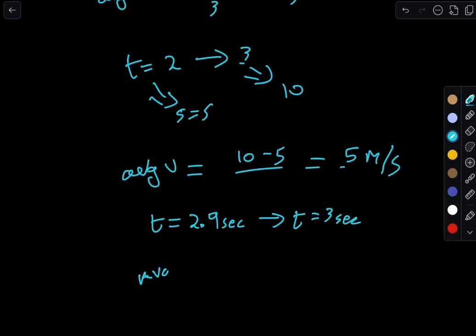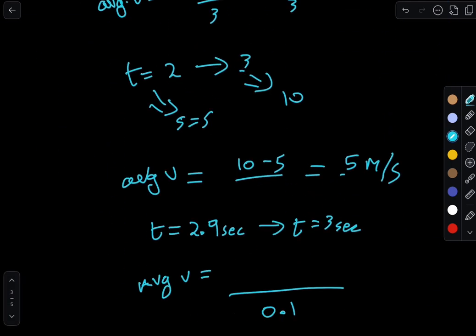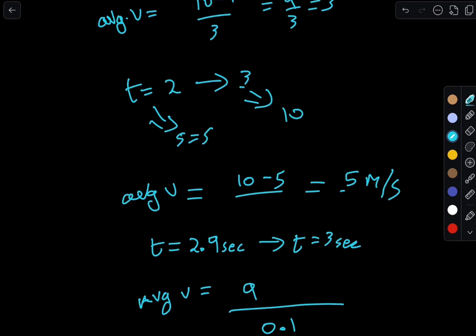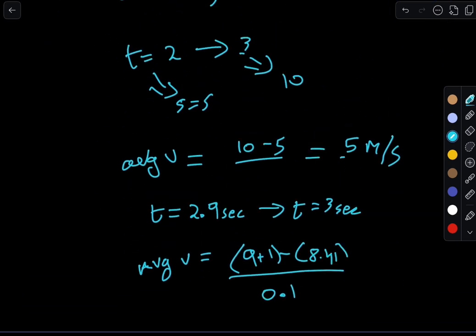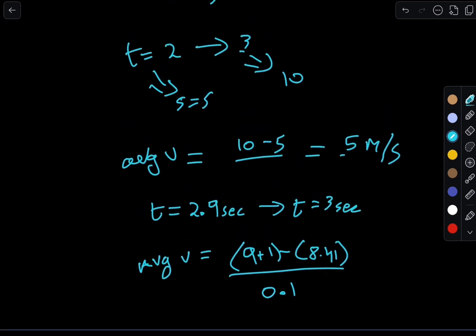Now the average velocity here would be 0.1 in the denominator, while we have 9 plus 1 minus 2.9 square, 8.41, and that plus 1, which would give us 0.59 divided by 0.1, which is the same as 5.9 meters per second.